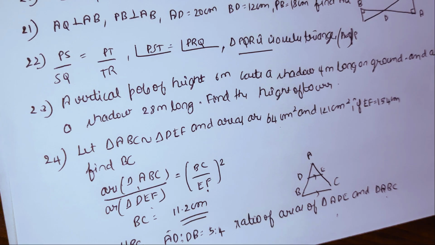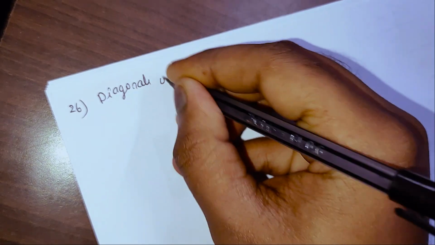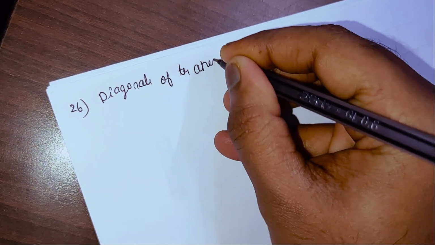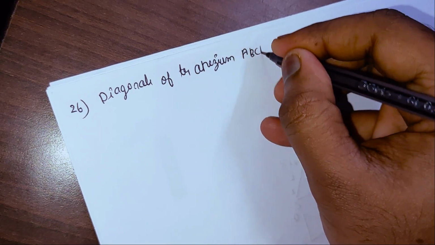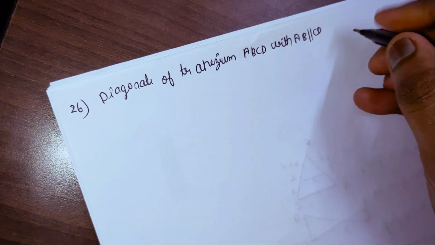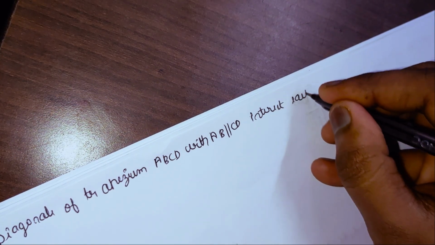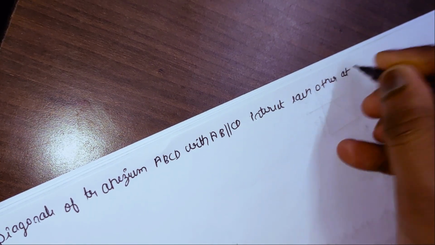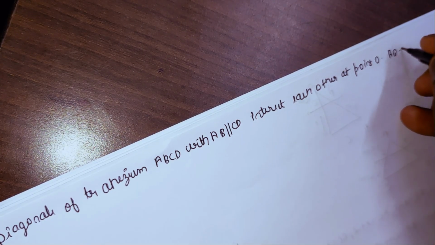Now let us move into 26th question. Diagonals of a trapezium ABCD with AB parallel to CD intersect each other at point O. AB is given, that is 2CD.